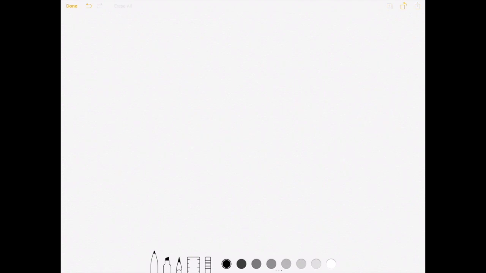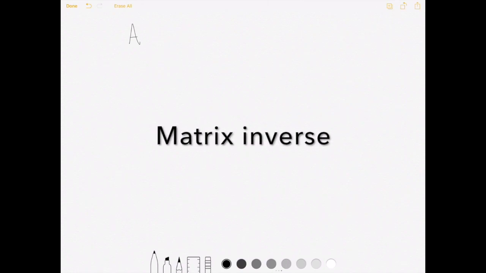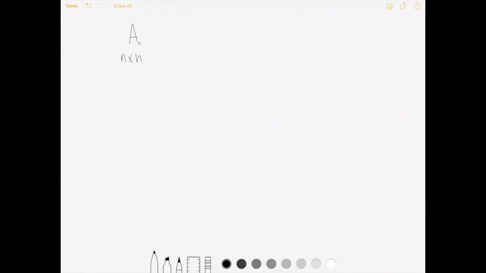One question that will come up again and again is, given a matrix A, assuming it's square, so an n by n matrix, is there some other matrix, say A inverse, such that A times A inverse equals the identity matrix, which is equal to A inverse times A?